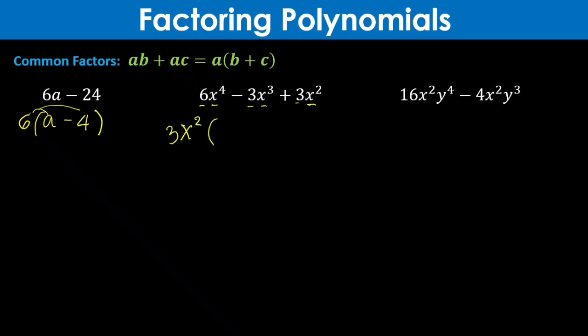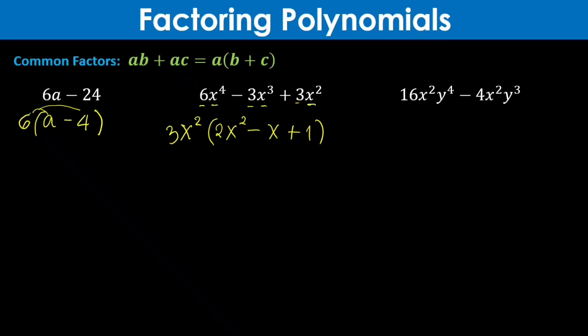We factor out the 3 from 6, so 2 will stay there, and x squared will stay. Then for the second term, we factor out 3x squared, so only 1 will remain.